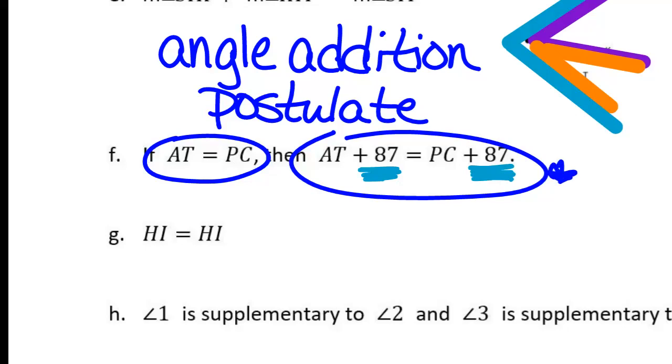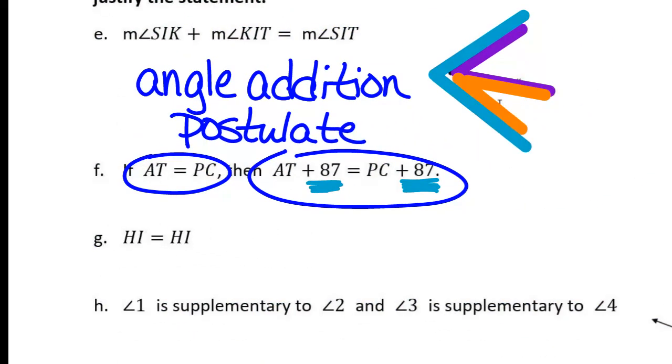How is the end of the sentence different from the beginning of the sentence? What does the equation at the end of the sentence have that the equation at the beginning of the sentence doesn't have? Has an 87. Are we doing it to both sides? Yes. This is the addition property of equality.